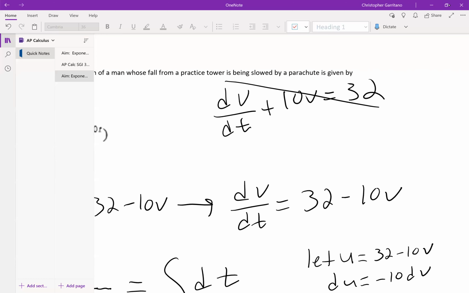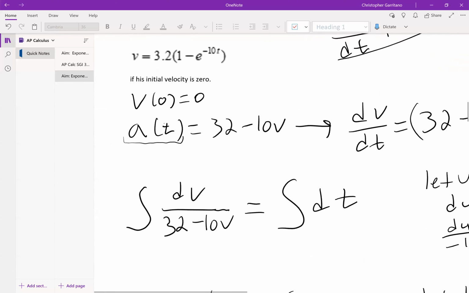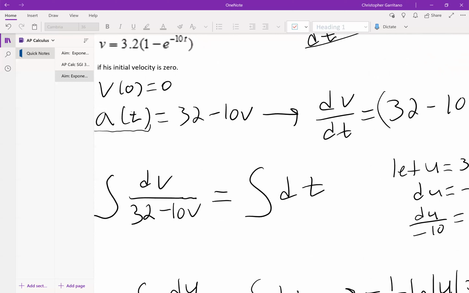So this is not an option for separating this differential. What you actually have to do is treat this right side as one big expression and divide both sides by that expression, and then multiply both sides by dt, and you'll have this expression over here. And then, of course, you have to integrate.